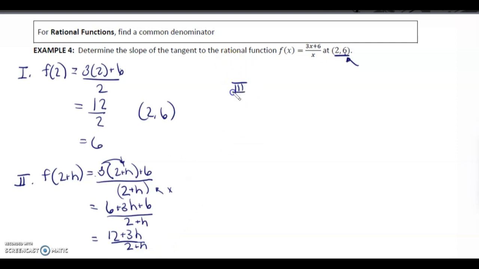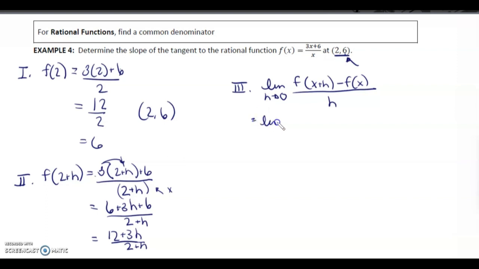Okay, now step 3, we're going to sub it into the limit as h approaches 0 of f at x plus h minus f at x, all over h. That might be a, but those are interchangeable.